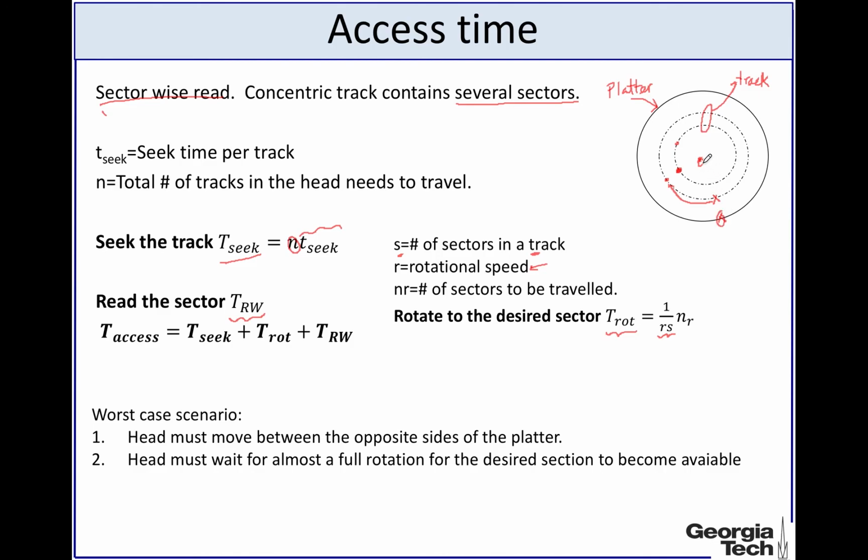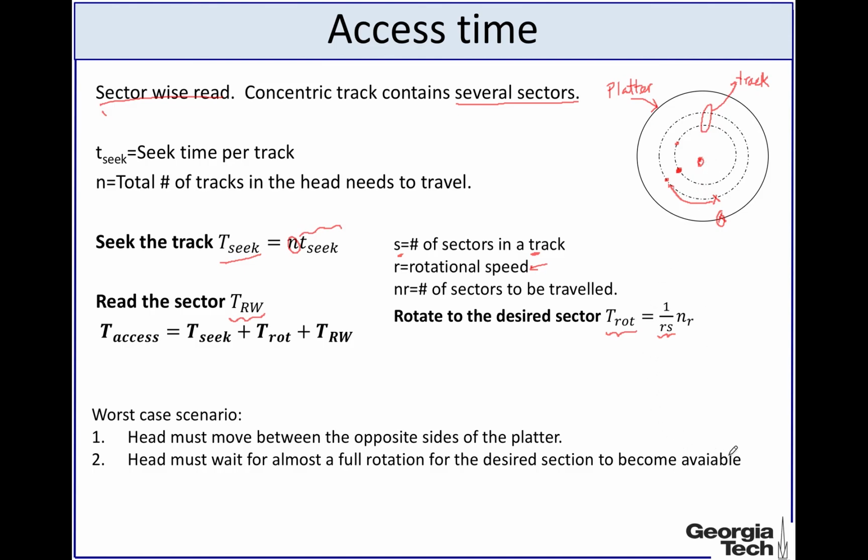So the head needs to move from here to here, or the other way around if the initial location is here and the desired data is over here. So the head has to move between the opposite sides of the platter, and then the head may need to wait almost a full rotation such that the desired sector becomes available.